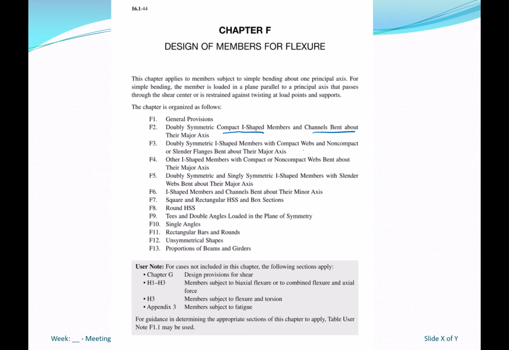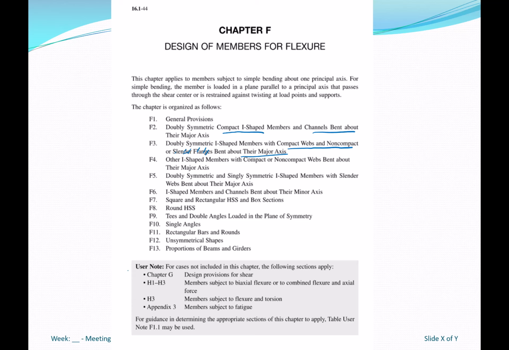Okay, and non-compact shapes. We won't deal with slender, it just gets a little bit too involved, but compact shapes also. Okay, lots more in here that we won't deal with, but we'll give you a good introduction to it.